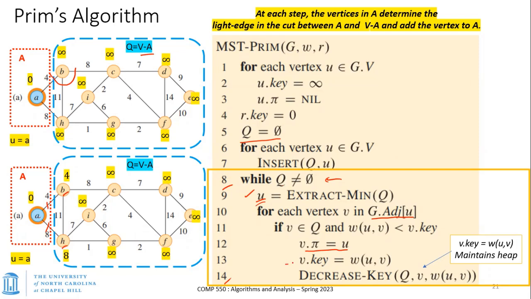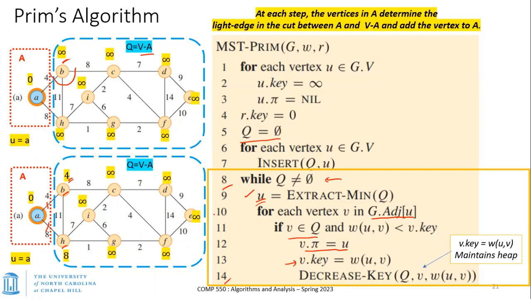And then we're going to change the value of the key. So the key value over here is going to become 4 from infinity. And that's going to happen only in the following cases. We want to exclude any vertices which are not part of the queue, so you don't want to look at this particular vertex.